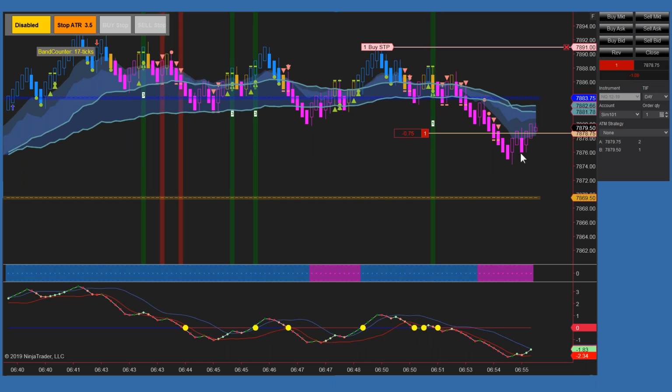So as the clouds cross, we're going to get this pullback, and then hopefully the market will come back now with a number one signal.